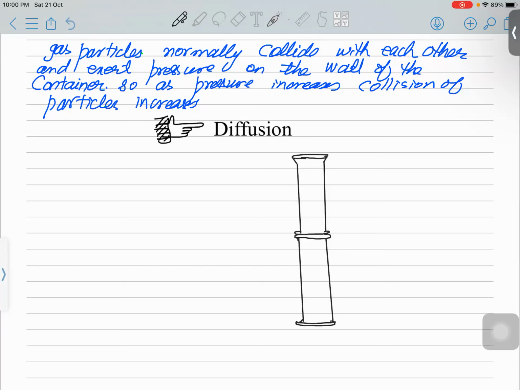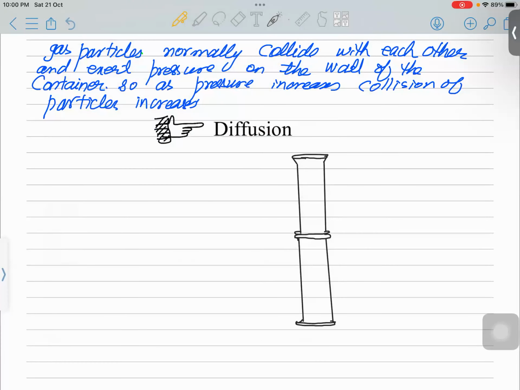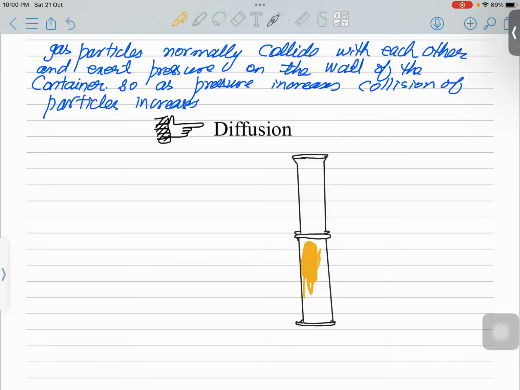Here in the lower one, we have bromine gas. This is before.